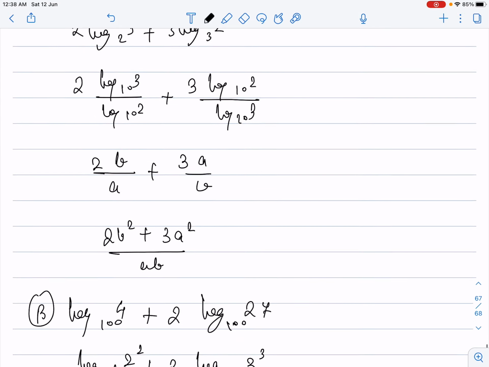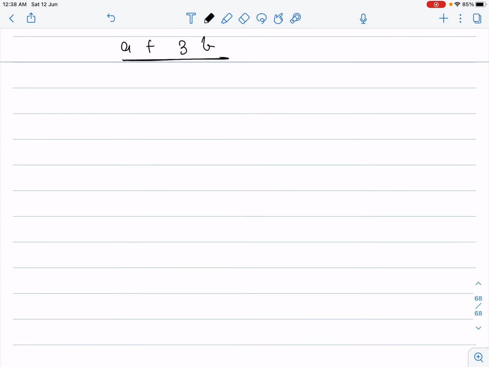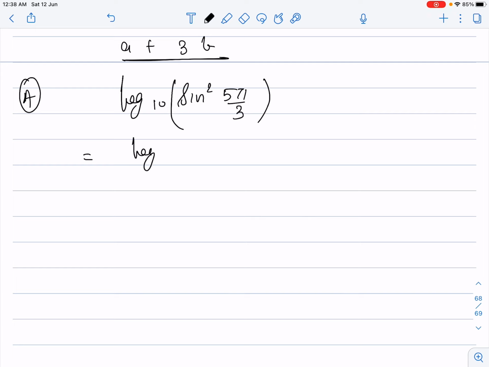Then what is the first thing given over here? Part A of the question I'll take, that is log of sine square 5 pi by 3, and base is 10 given to us. So sine square 5 pi by 3, my dear students, it means what? Sine of 6 pi by 3 minus pi by 3, that means sine of 2 pi minus pi by 3, and square of it is done by us, and base 10 is given to you.